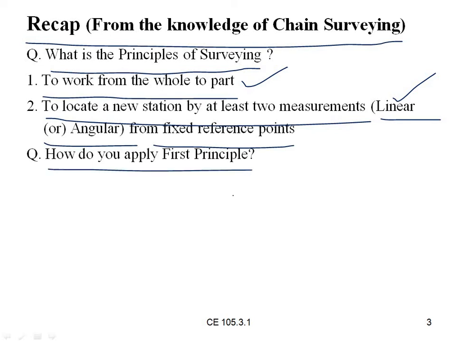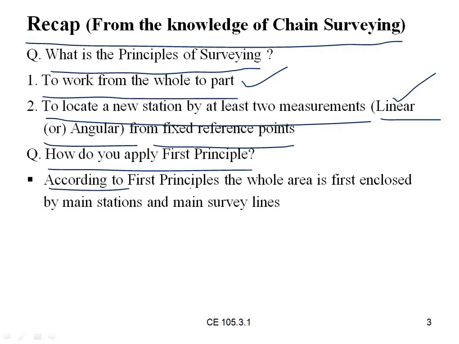Generally, this is the question. According to the first principle, the whole area is first enclosed by main stations and main survey lines. That means the boundary points of the whole area are the main station points. After that we connect them with the main survey lines, and calculate with the check lines, tie lines and base lines, making it into triangles and trapezoidal portions.